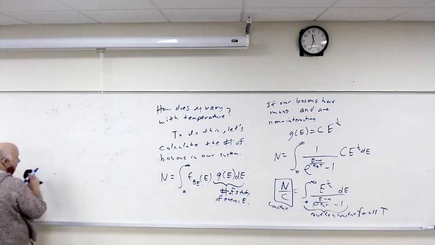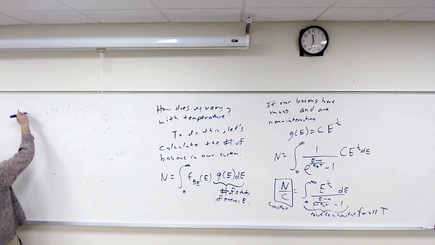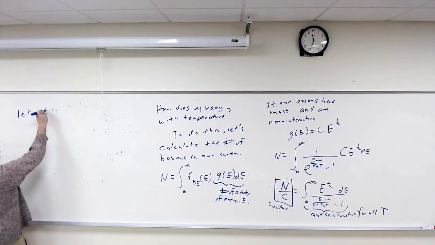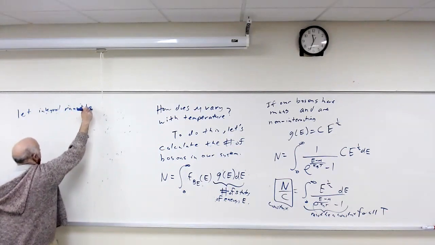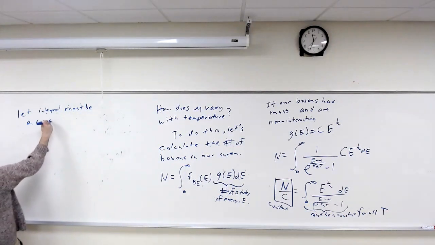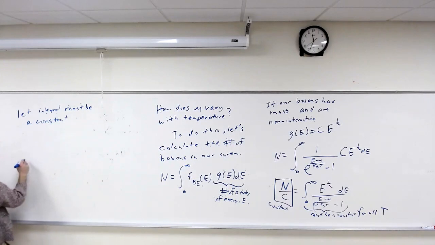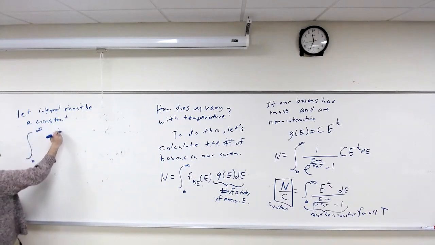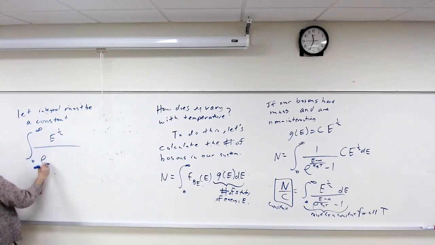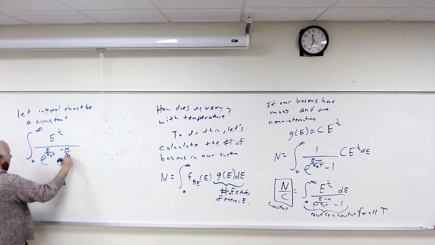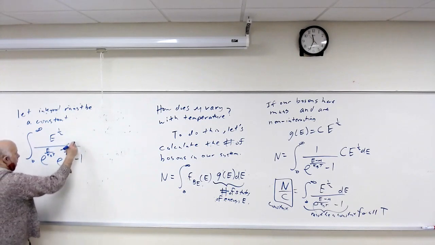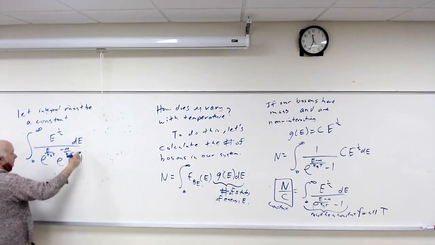All right, so I'm going to rewrite this here. So the integral must be a constant. So we get this E to the 1/2, and I'm going to split this into two pieces here. This has to stay constant.